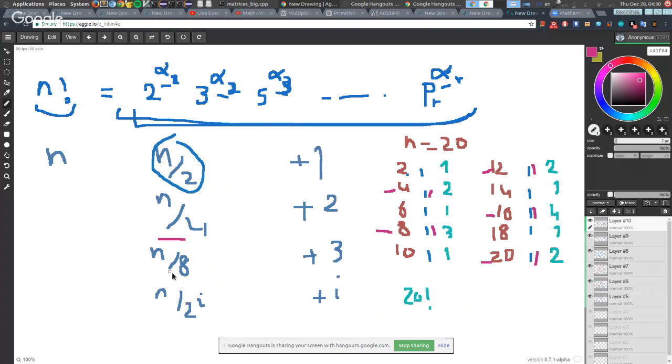For the multiples of 8, here and here, we add 1 to each of them. And for n over 16, which is 5, here we add another value.